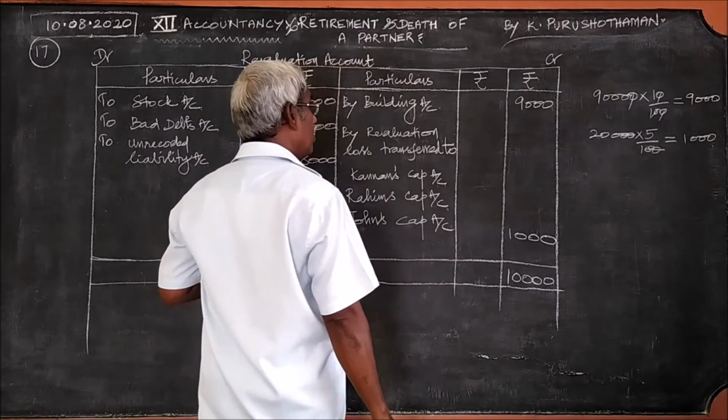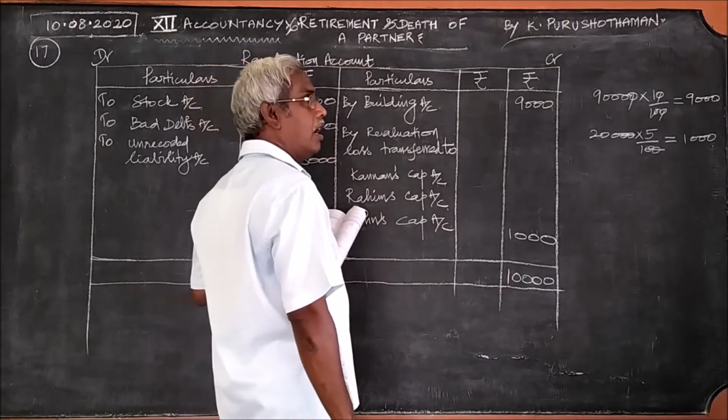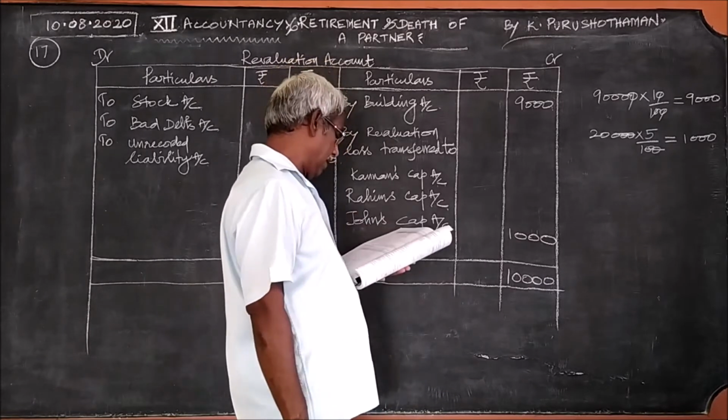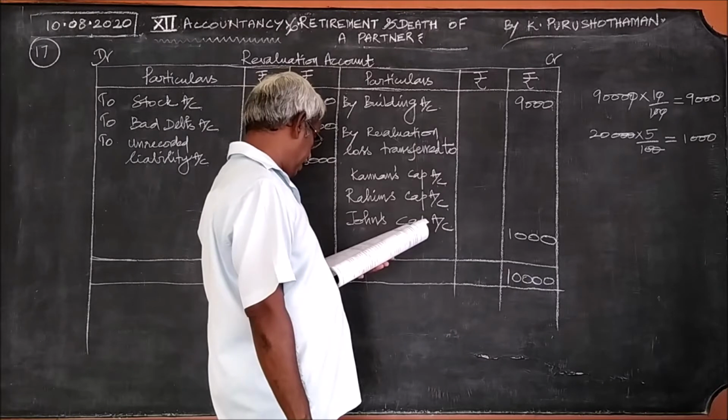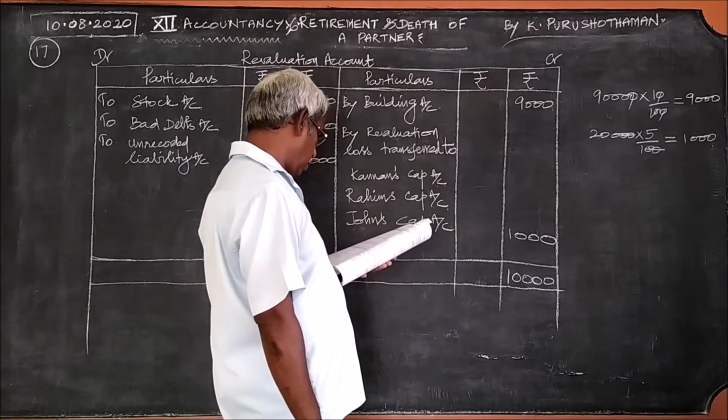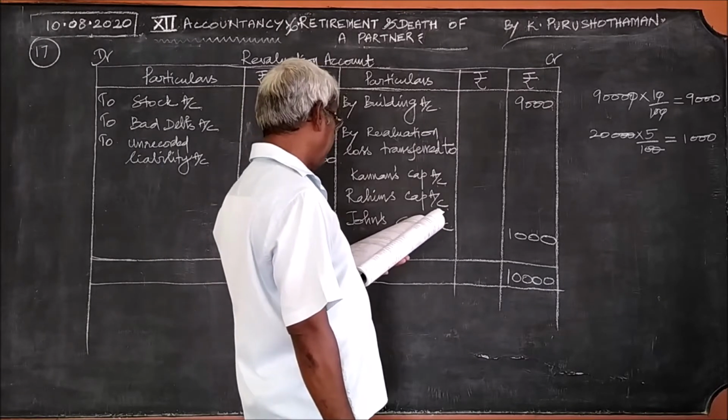This 1,000 rupees excess loss should be divided among the partners. In what ratio? 5:3:2. It is the ratio given.